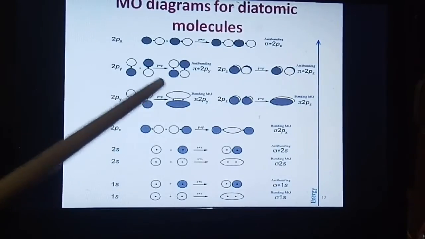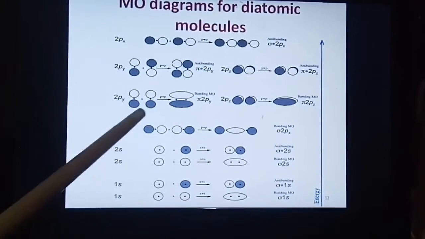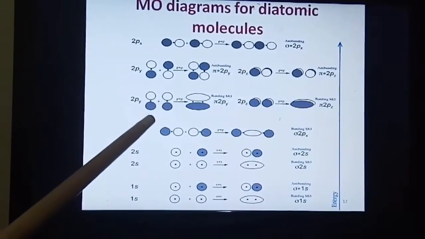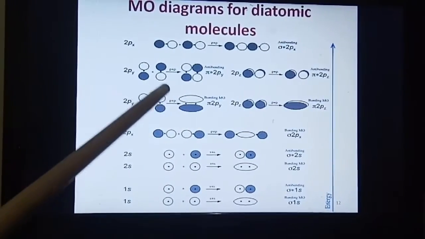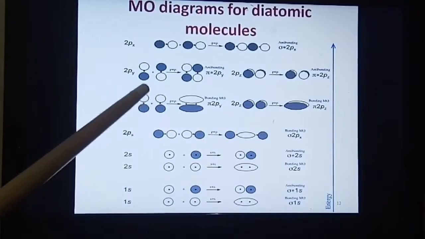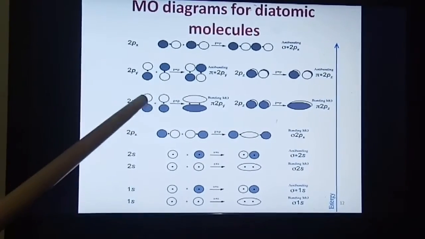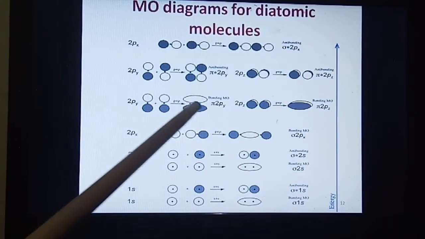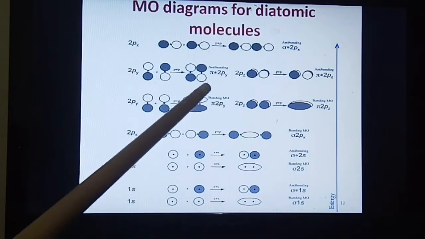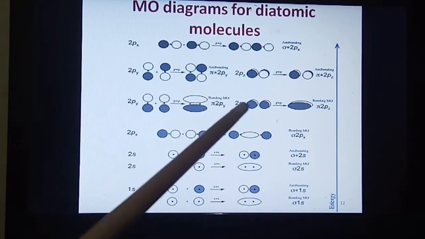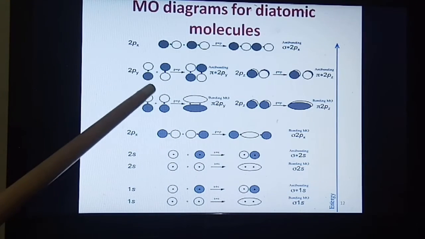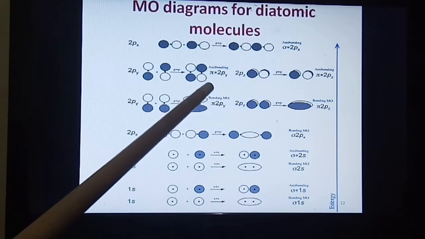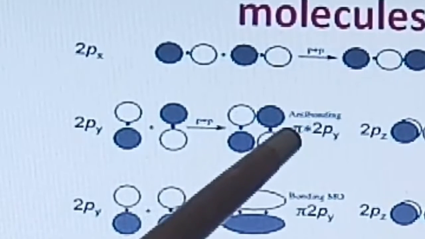Now 2py: the 2py orbitals of one atom and the second atom combine with the same phase, giving the molecular orbital of this shape. And if they are in different phases, then the molecular orbital of this shape is obtained.